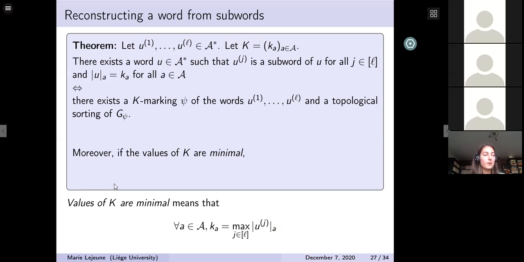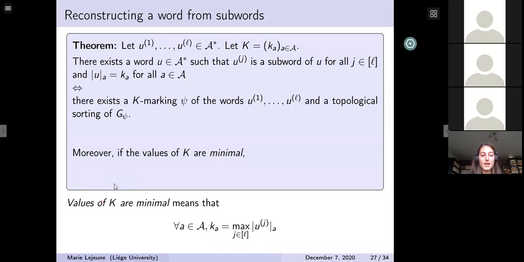Because if you remember, for the K marking, in a given word, the values have to be increasing for the same letter. So I need at most Ka equal to the number of A's in a given word. Otherwise, there won't be any K marking. We will see it on an example just after.